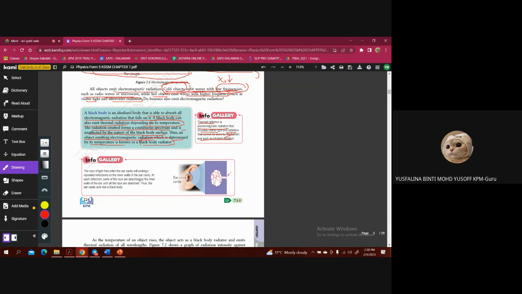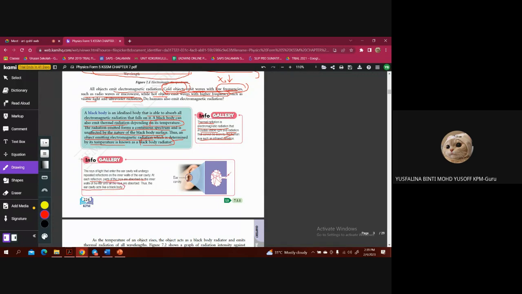At each reflection, part of the rays are absorbed. Because there are so many reflections inside the ear cavity, mostly all of the light is absorbed by the inner wall. Thus the ear cavity acts like a black body.